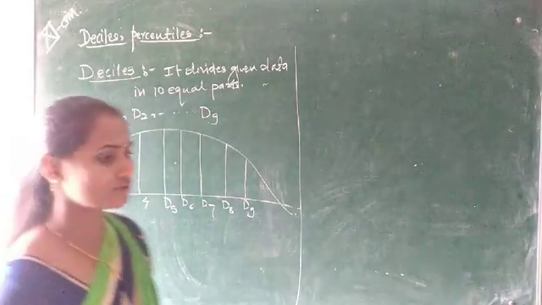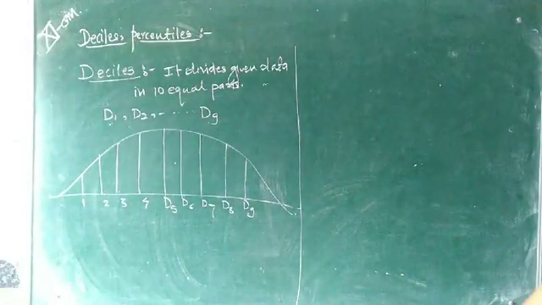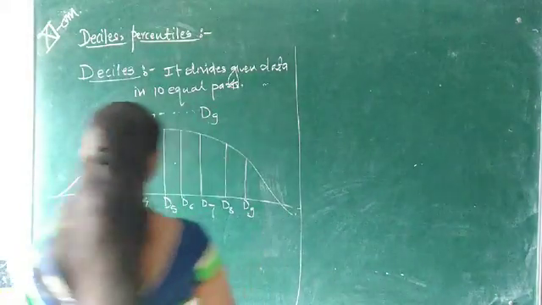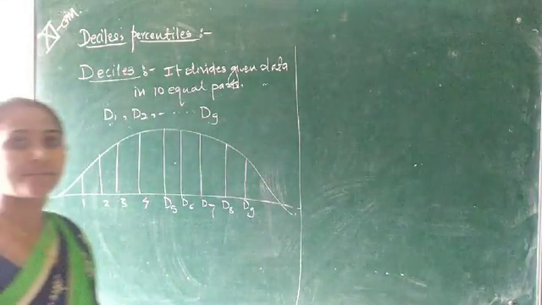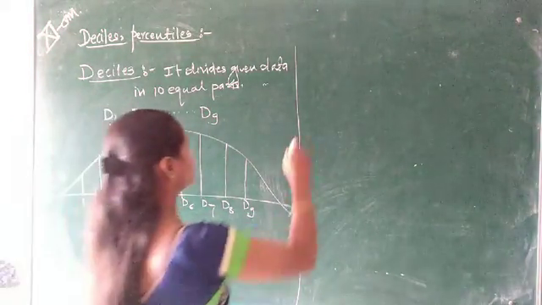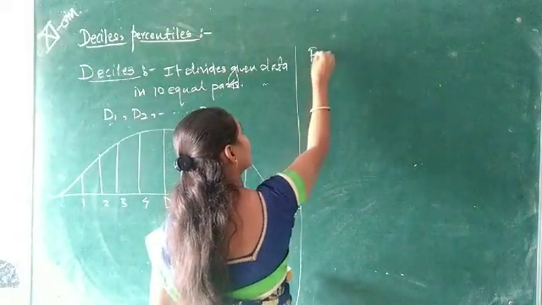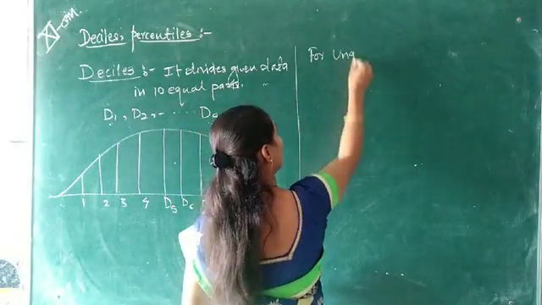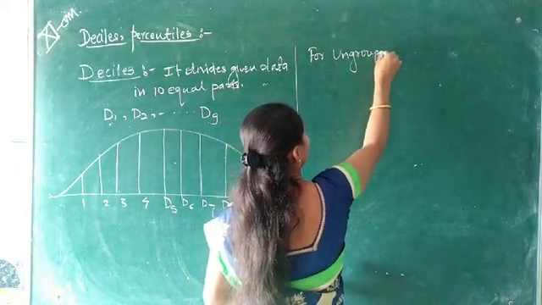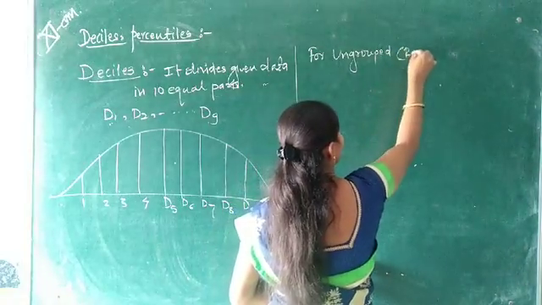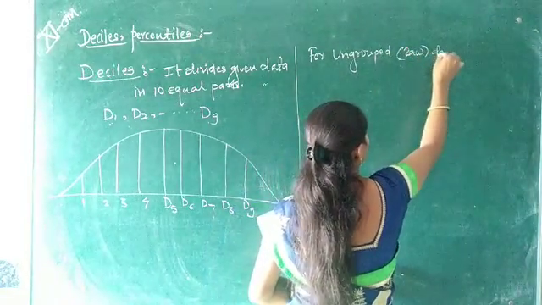So now first we see the formula for finding the decile. Similarly, it is the same as a quartile. So first we see for ungrouped data, or it is also called raw data.